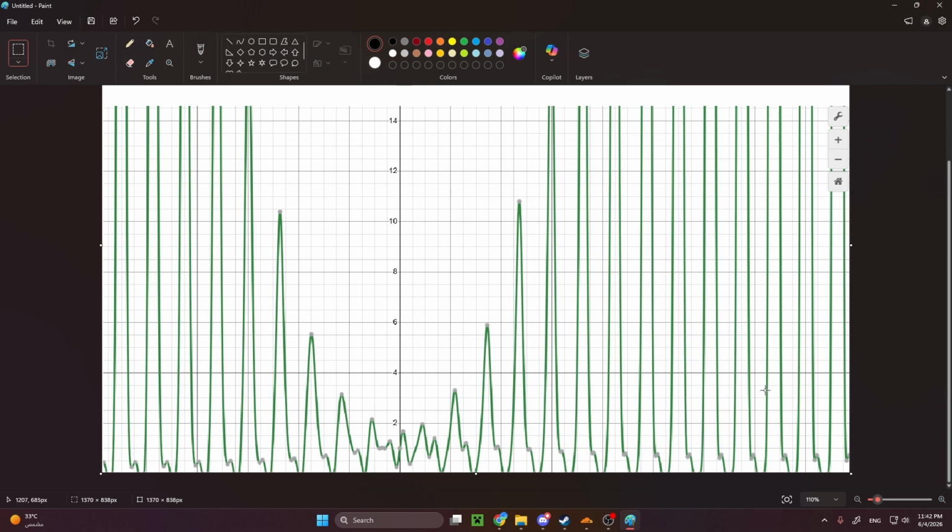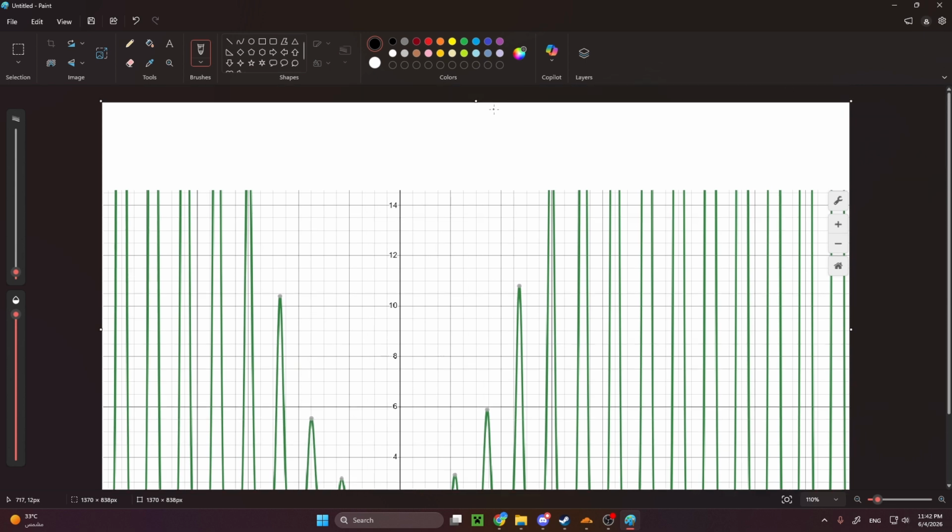And this can be represented with something like this. This is a graph on Desmos, but I have it in Microsoft Paint so I can show you more clearly. Now, when you have two notes, it's kind of the same thing, honestly. Here I have two waves, for example. One that's like this, and one that's double, which is something like this.